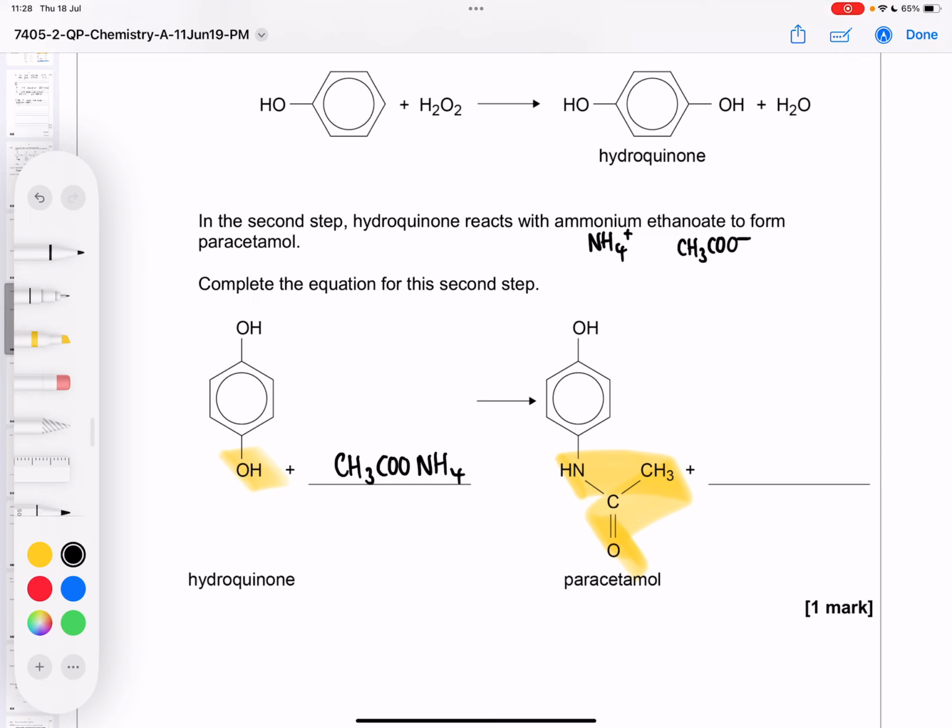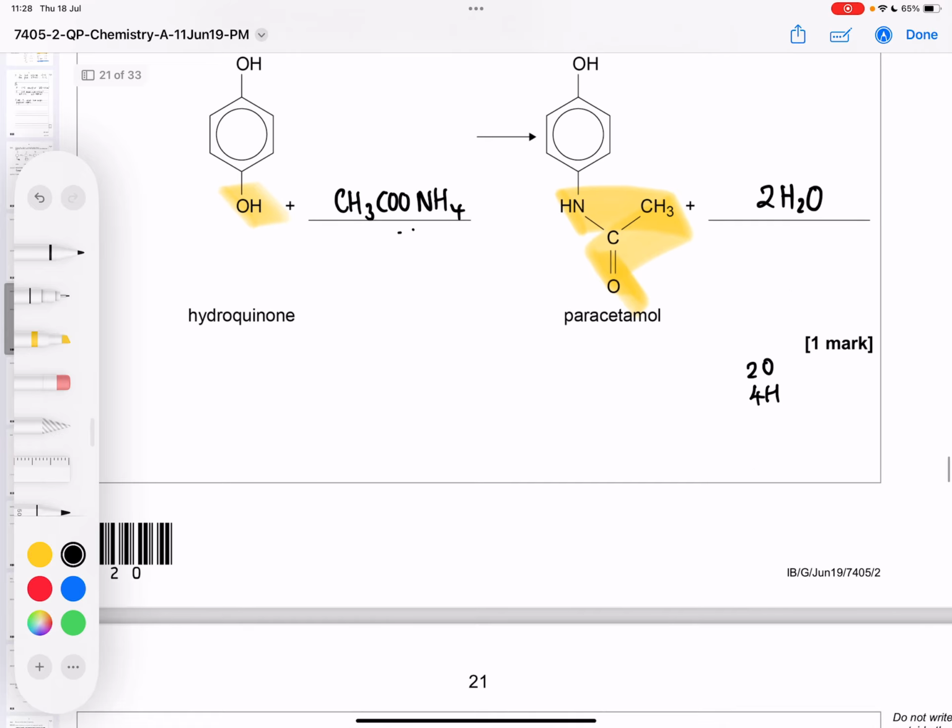We had 1, 2, 3 O's and now we've got 1 O. So we've got 2 more O's to go in. We had 5 H's and we've now got 1, so we've got 4 H's. We look at that, that's going to be water. And a good guess is always water, and then try to balance it.